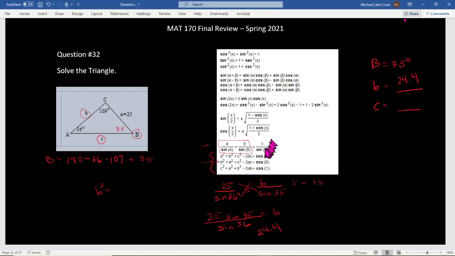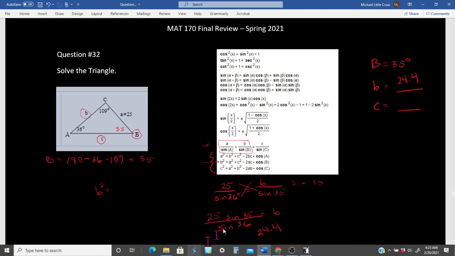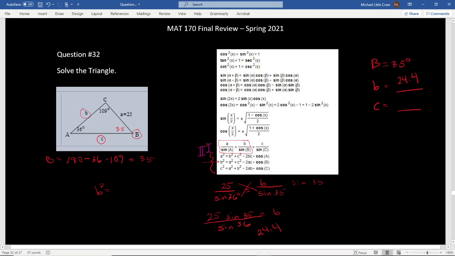With little c, since we're already along this line, and we do have the angle, we could just use the law of sines. I don't want to square. We could use one of the others, but let's not, because then you get some rounding errors. So let's set up c with the law of sines. Little c we don't know.